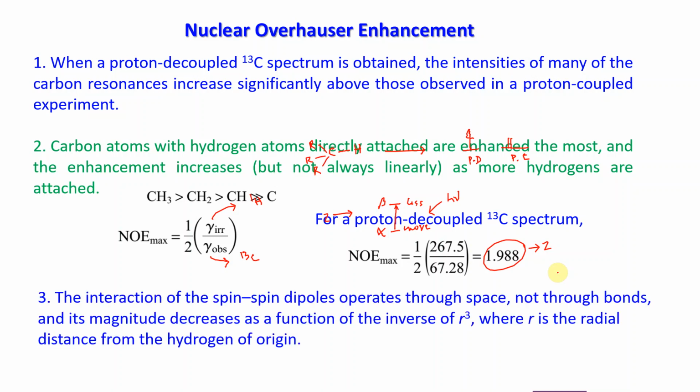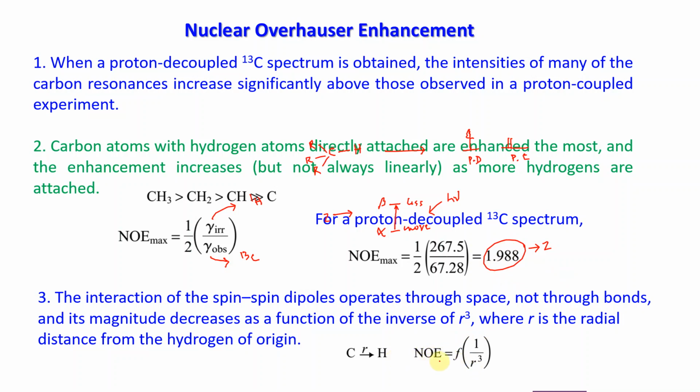Now always remember, this nuclear Overhauser enhancement is not due to the direct connection of the two nuclei, okay. So proton and carbon do not have to be connected to each other, it's not like that. They may be connected, may not be connected, but this nuclear Overhauser enhancement is observed if your proton is in close proximity to the carbon, and that close proximity relation is given by this equation, okay.